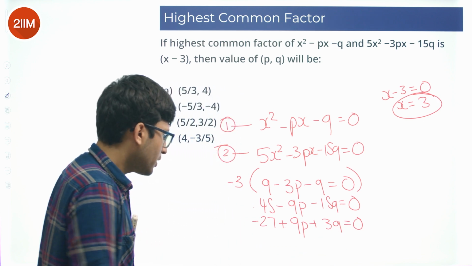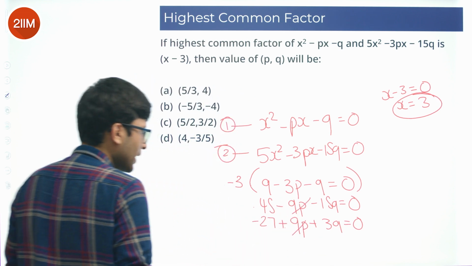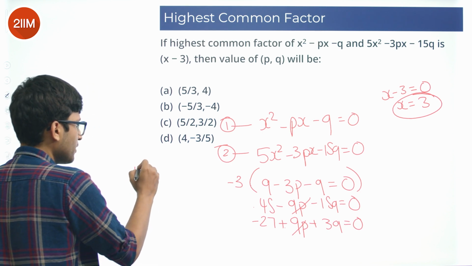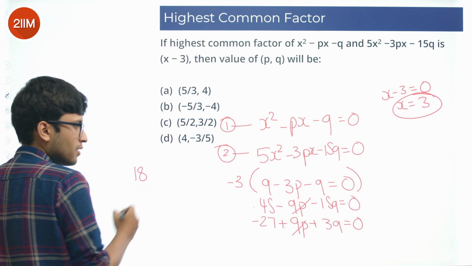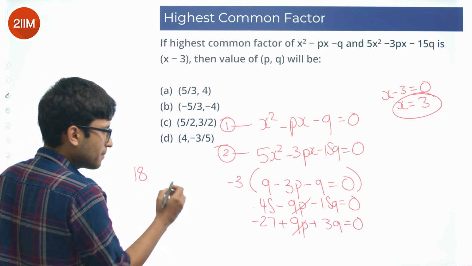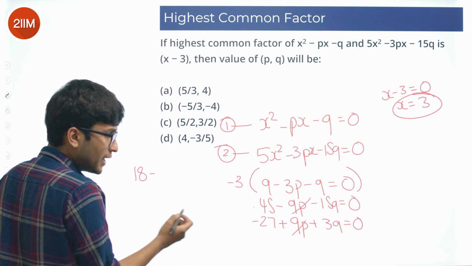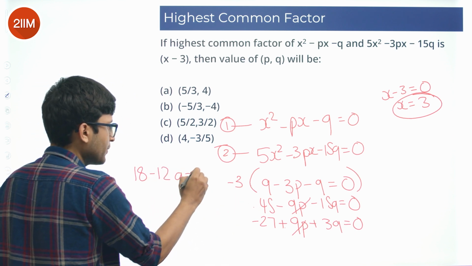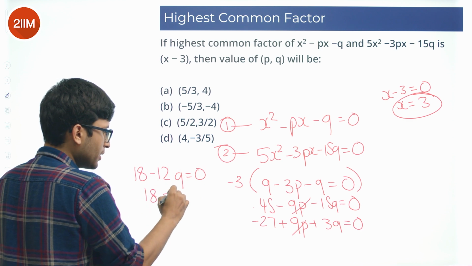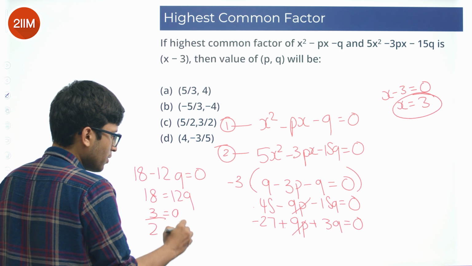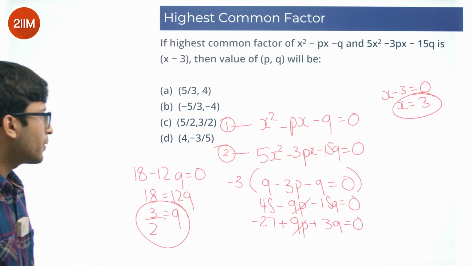If I do so, this gets cancelled out. I would be getting 45 minus 27, which will be equal to 18. Yeah, 18, and then I would be getting minus 15 plus 3, which is minus 12q is equal to 0, or 18 is equal to 12q, or 3 by 2 is equal to q. I got the value of q as equal to 3 by 2.